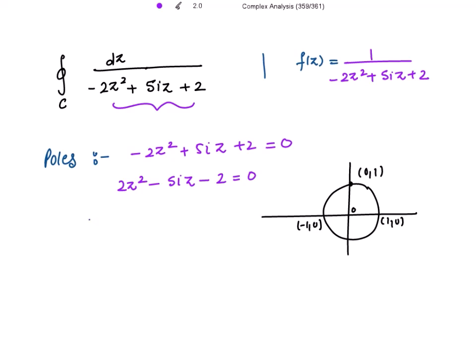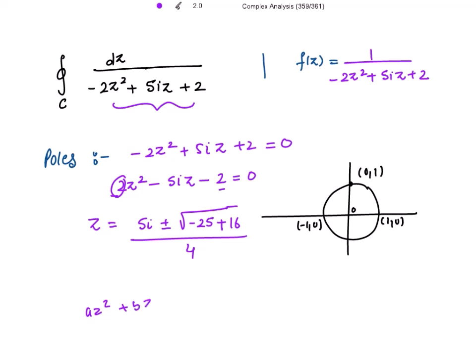So from here we get z to be equal to minus b plus minus square root of b square, that is 25 iota square, that is minus 25, minus 4ac, so that becomes plus 4 into 2 into 2, 16, divided by twice of this a, so this is 4, if the quadratic equation is az square plus bz plus c equal to 0.